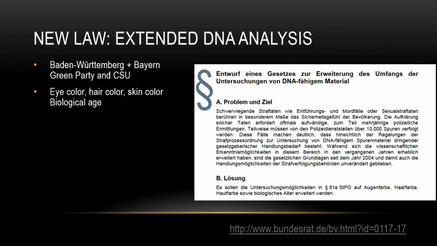So they want to look at the eye color, the hair color, the skin color, and the biological age. And the Conservative Party also wants to look at the biogeographical ancestry that can be determined from the DNA. And this is basically just a synonym for ethnicity, and some may even say for race.